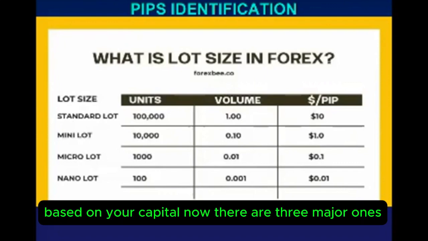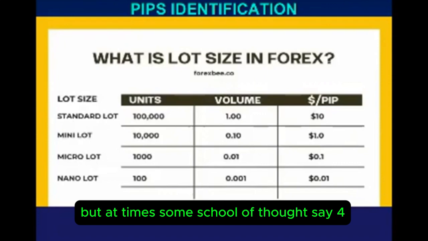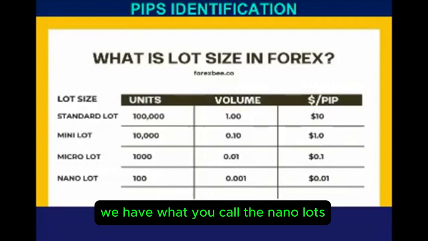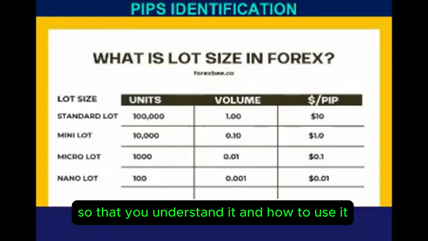Now, there are three major ones, but at times some schools of thought say four. We have what we call the nano lot, micro lot, mini lot, and standard lot. We're going to be doing it practically so that you understand it and how to use it.